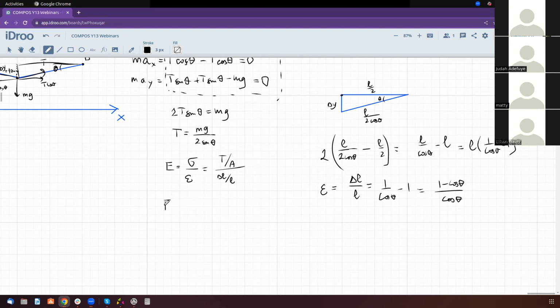So Young's modulus is the tension, which is mg divided by 2 sine theta, multiplied by A, multiplied by (1 minus cos theta) over cos theta. And sine over cos is tan.